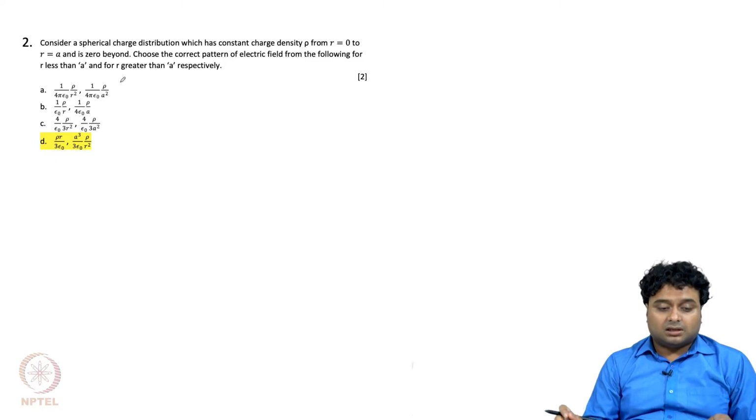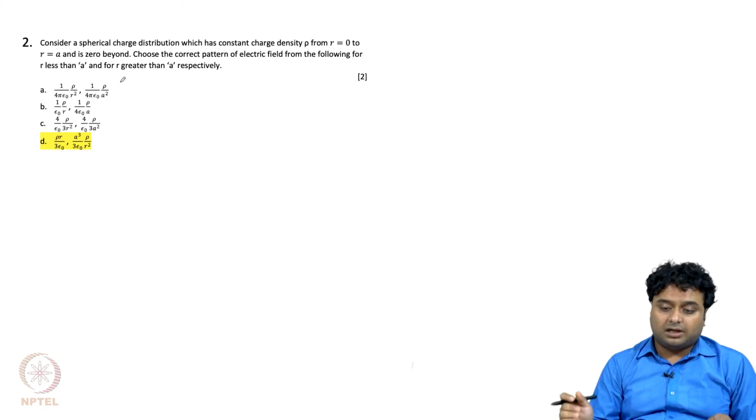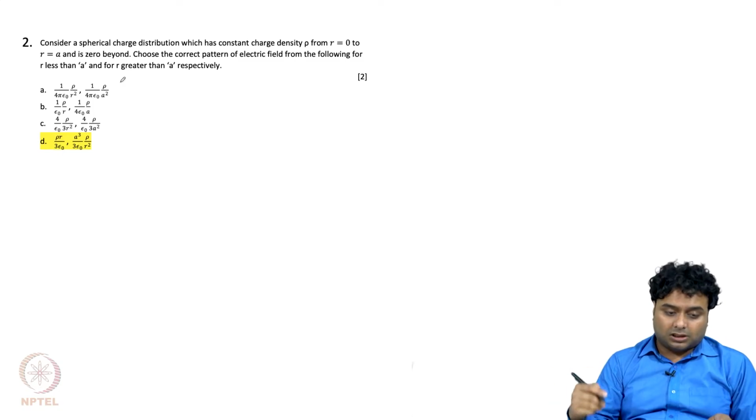The next question is: consider a spherical charge distribution which has a constant charge density rho from r equal to 0 to r equal to a, and is 0 beyond. Choose the correct pattern of electric field for r less than a, that is inside the sphere, and r greater than a.